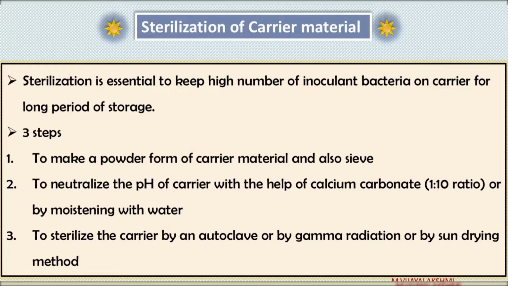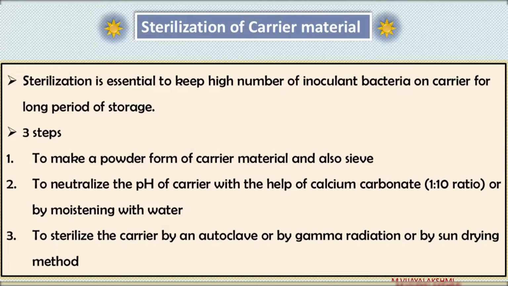And then neutralize the carrier pH by adding calcium carbonate in the ratio of 1:10. For example, 10 grams of carrier is mixed with 1 gram of calcium carbonate. This is the standard point for neutralization of the pH. Or it may be moistened by adding water.